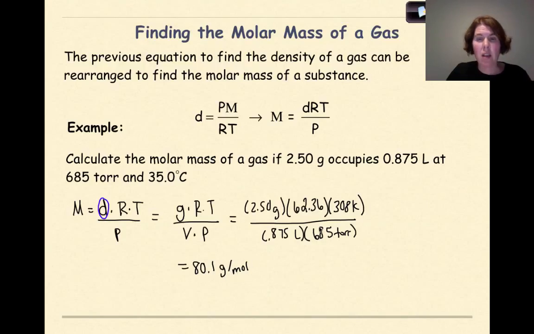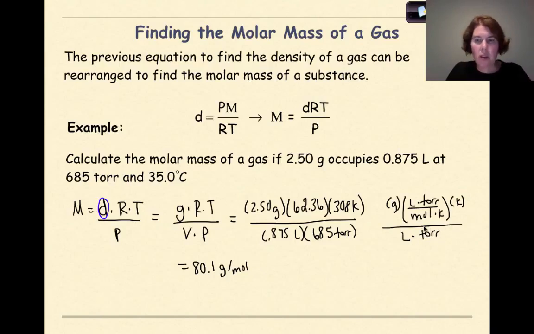the gram formula mass. Now, if you're wondering about units here, just really quickly, we start off with grams, and then we take this gas constant right here, and we know the gas constant for torr is liters times torr, T-O-R-R, all over moles per Kelvin. And then we're multiplying this times Kelvin, and that is all over liters times torr.